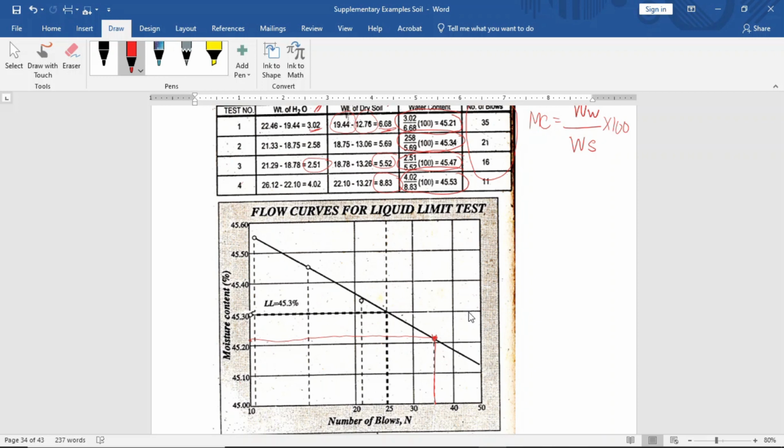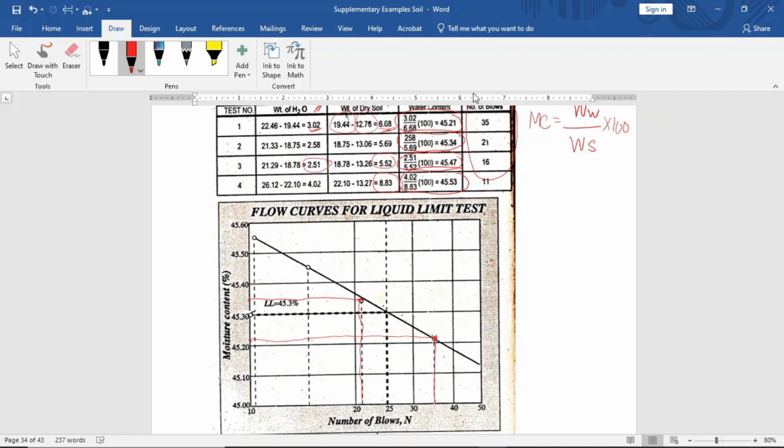So, after that, 21 blows, 21, 25 dito. So, hanapin natin ito. Tapos, ang moisture content is 45.34. So, 45.4 tsaka 45.30. So, dito yan. Hanapin natin dito.